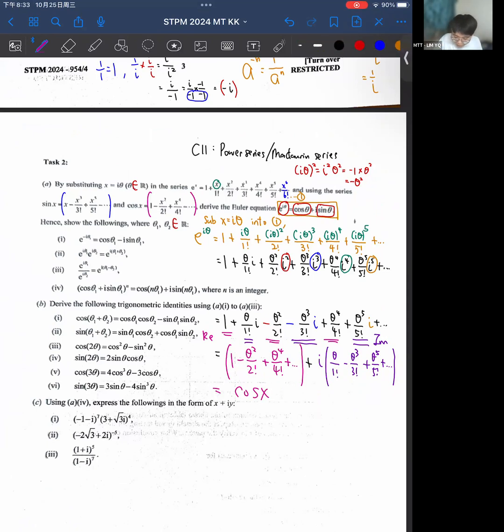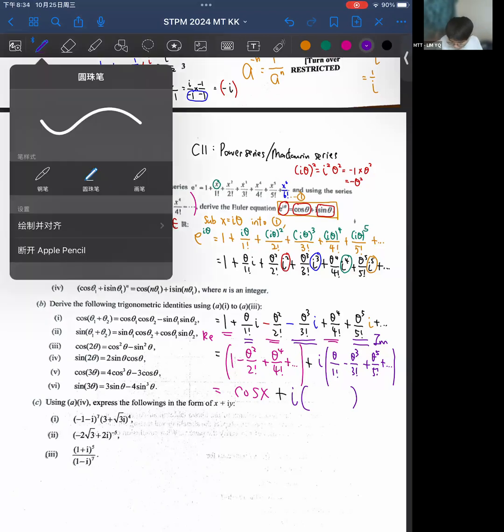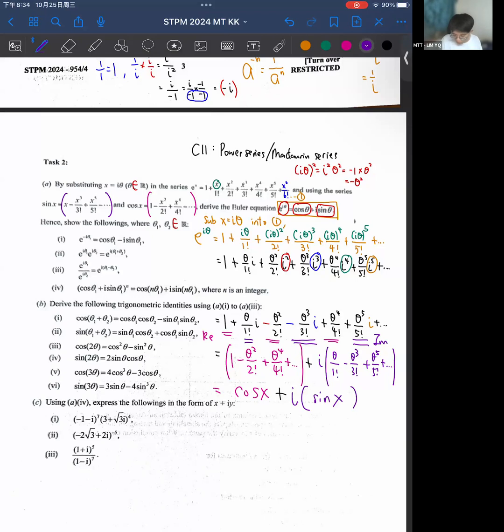And plus i is still here. Now the purple color one becomes sine x already, correct? By using this, sine x. The plus dot dot dot and the minus dot dot dot doesn't matter much.